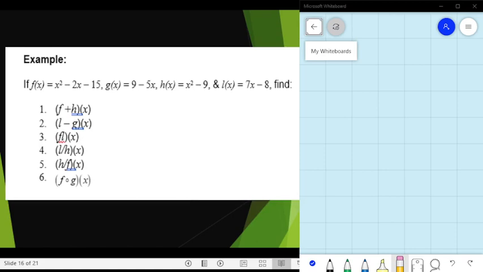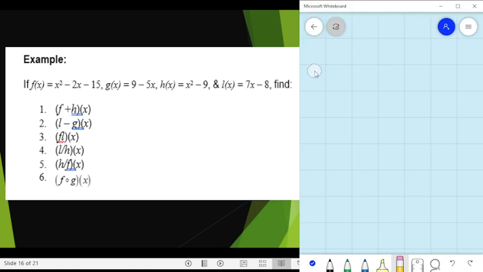Okay, so let us now start with the first example. What are we going to do for number one? Number one is we are going to solve for F plus H of X. Okay, so F plus H of X is the same as solving F of X plus H of X. Okay, unsa may atong F of X dire?